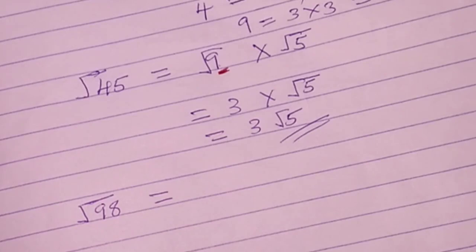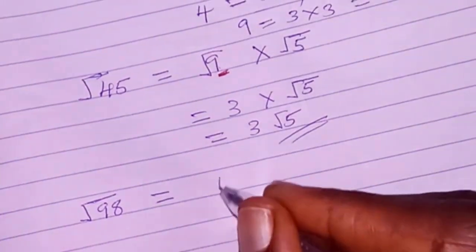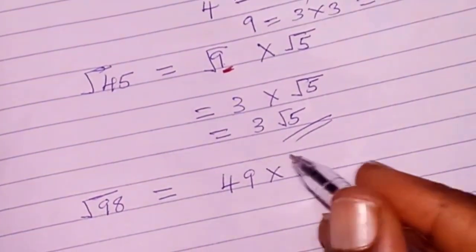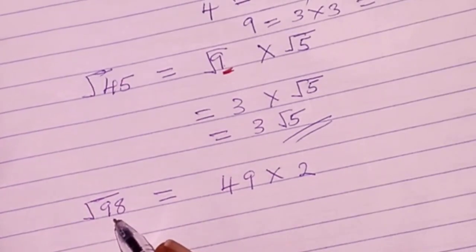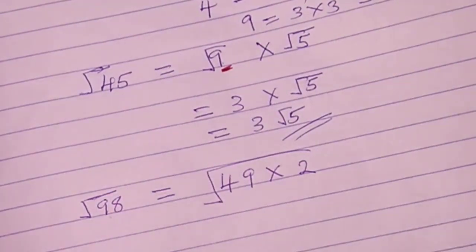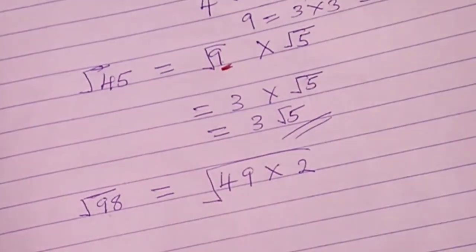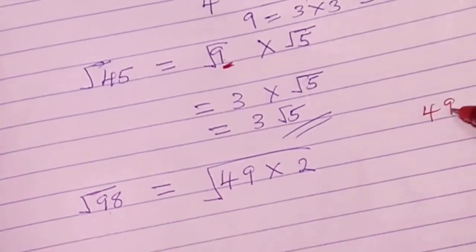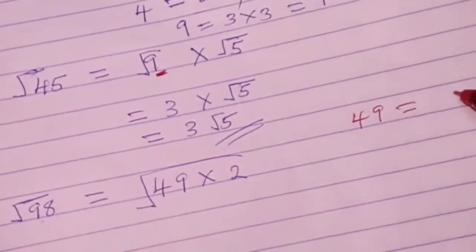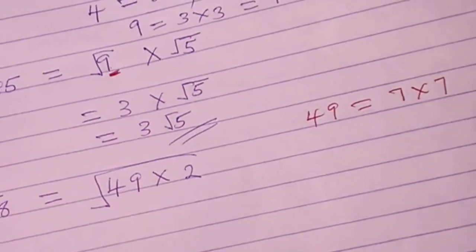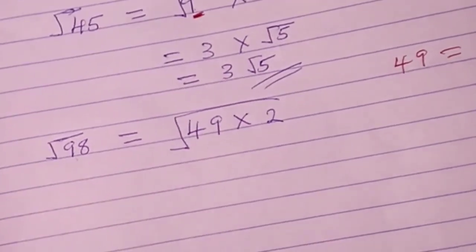Remember that 49 times 2 gives you 98, and 49 is a perfect square, because 7 times 7 gives us 49, right?